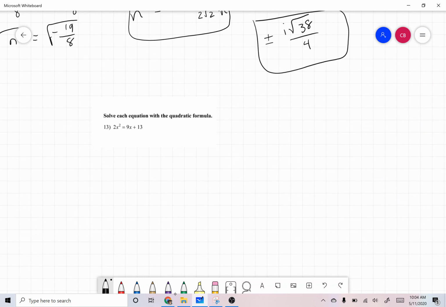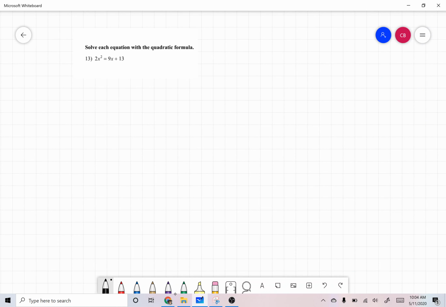And then finally, for the last one, this is not of the form ax squared plus bx plus c is equal to 0. So let's do it. We have 2x squared is equal to 9x plus 13. We subtract 9x. We subtract 13. 2x squared minus 9x minus 13 is equal to 0.